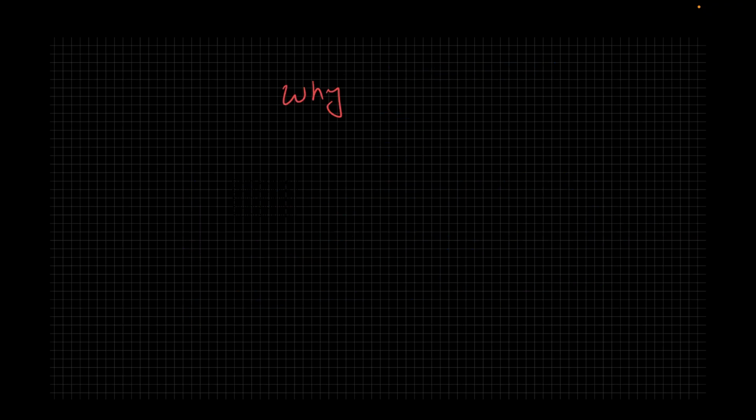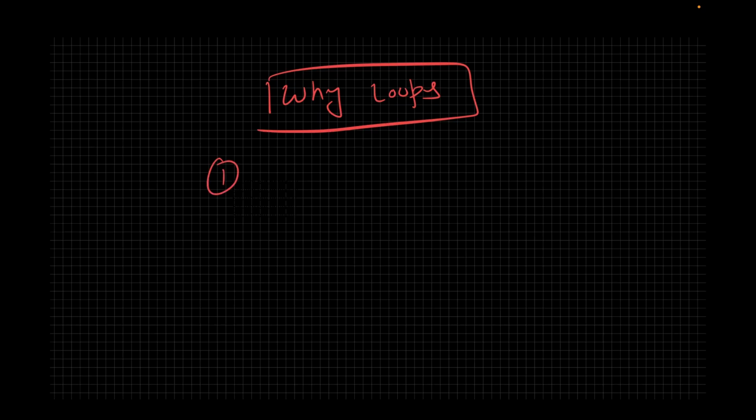The question is, why loops? Number one, it makes your code short. If I have to print the same thing 10 times, I don't have to write it 10 times. I write it once and use my loop to repeat it 10 times. Number two, your code becomes cleaner.